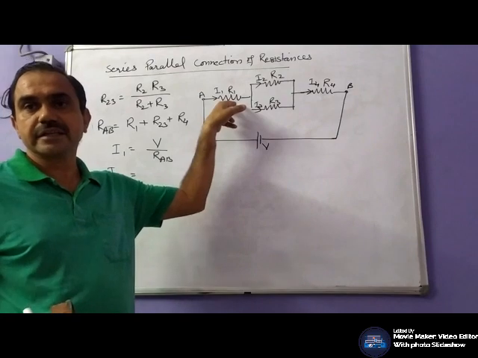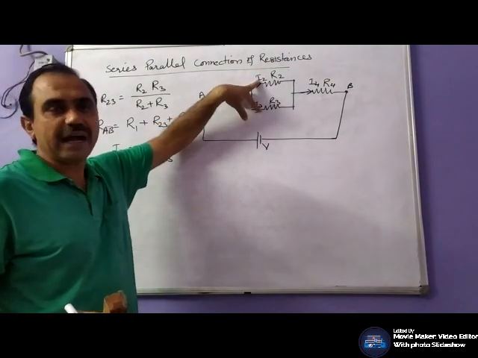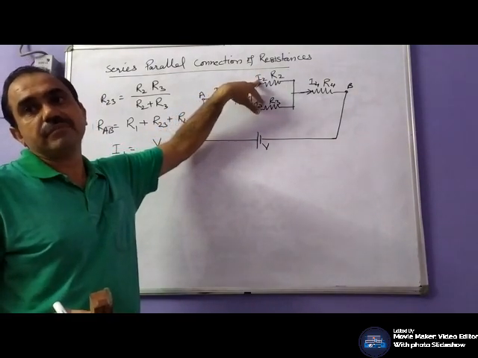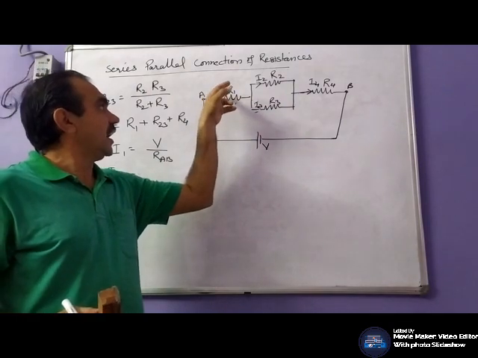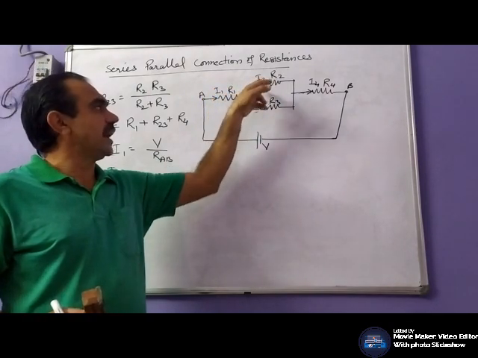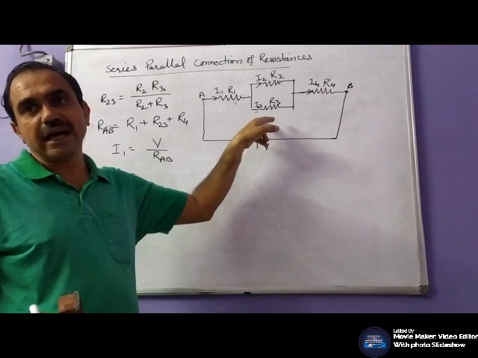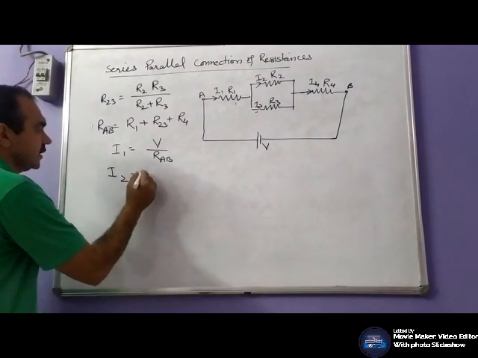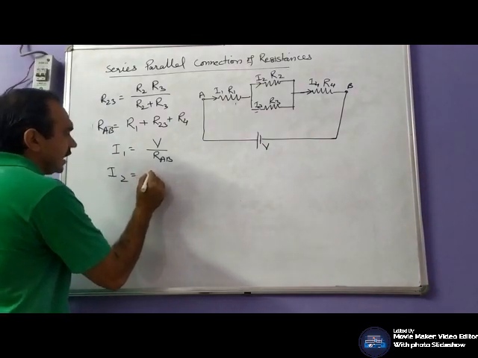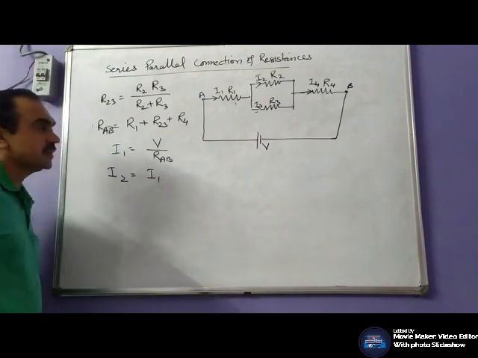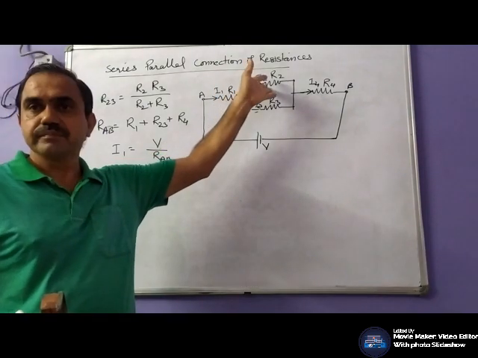This current is divided into I2 and I3, meaning I1 is equal to I2 plus I3. So we can do it the same way.